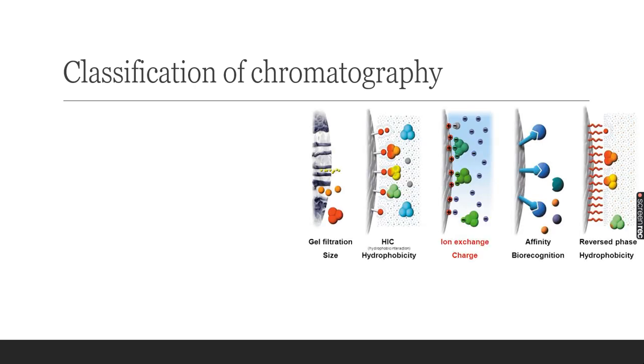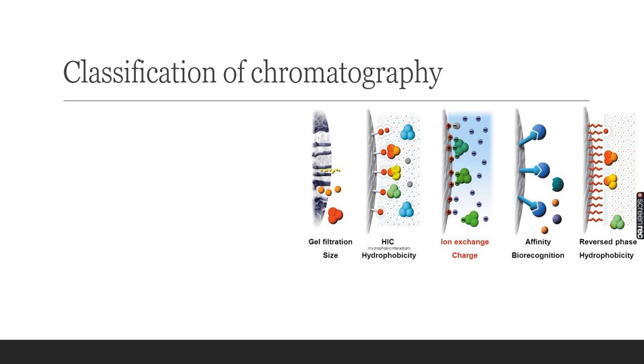Now, what are the different kinds of classification available in chromatography? Primarily we classify chromatographic techniques based on how they interact with the support. In this lecture, we are going to discuss only the solid-liquid separation process. There is one solid stationary phase and a liquid or mobile phase which interacts with your target compound.